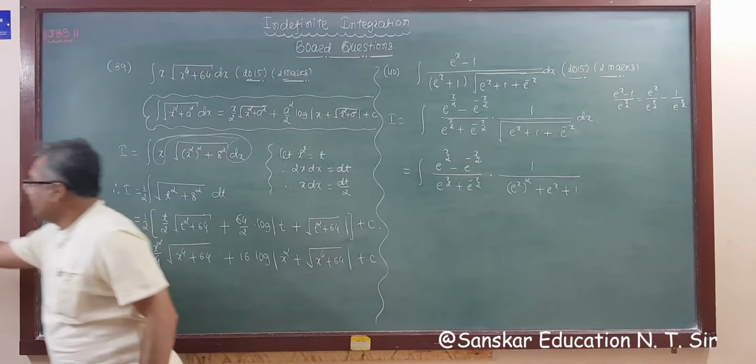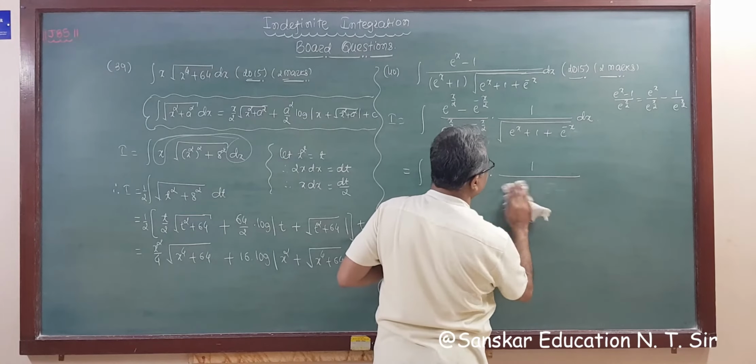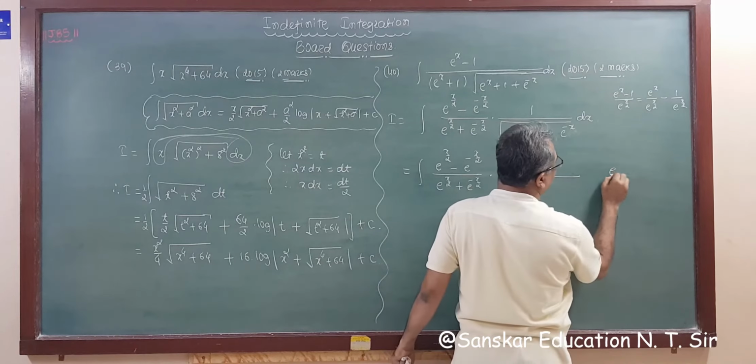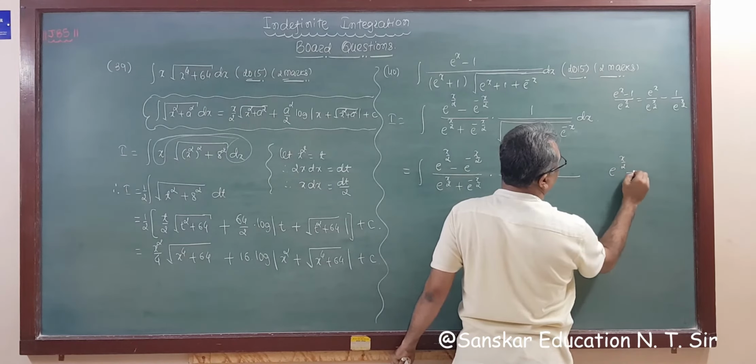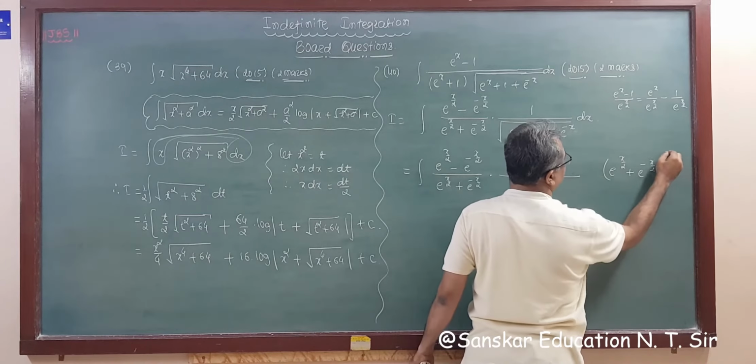Now, wait a minute. It is better to solve like this. Now I am writing here e raised to x by 2 plus e raised to minus x by 2, whole square. What is the answer of this?